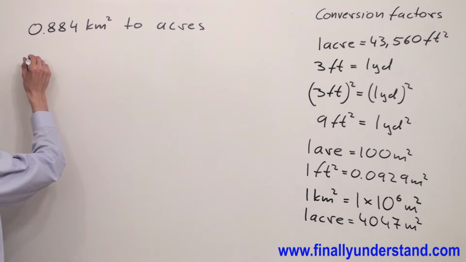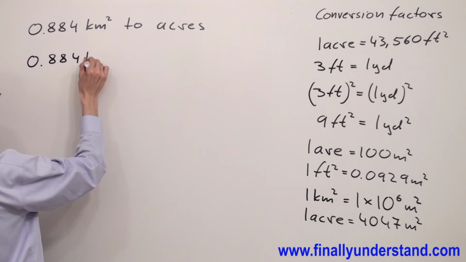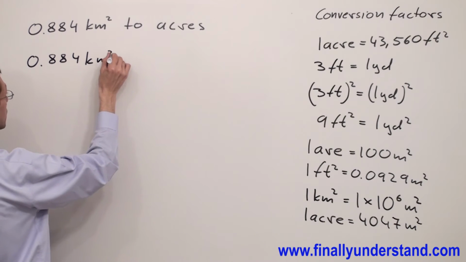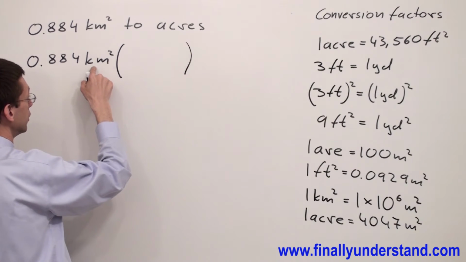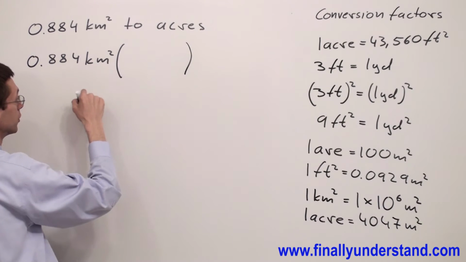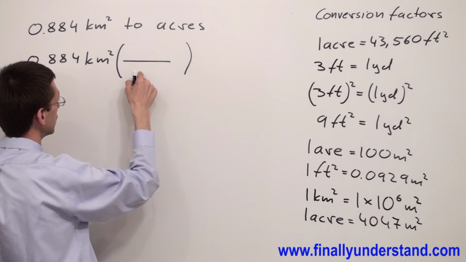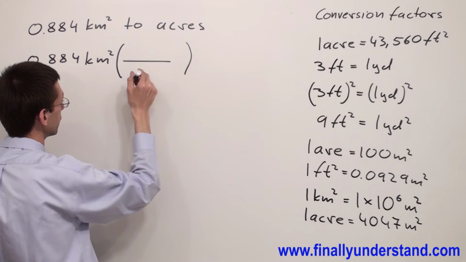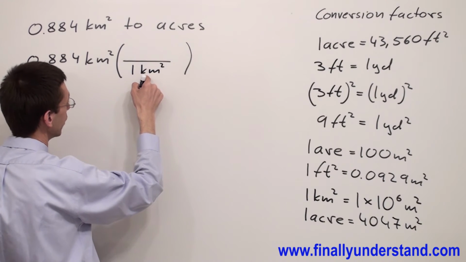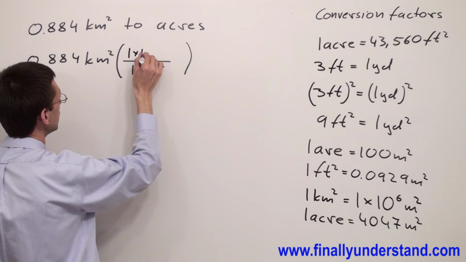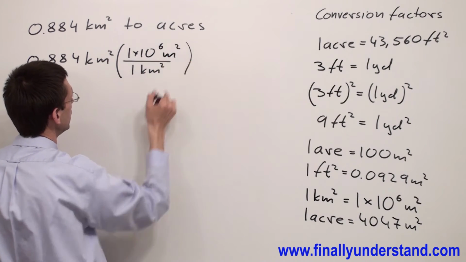I have 0.884 square kilometers. I have to eliminate square kilometers, so I have to make sure that I have square kilometer in the denominator. 1 square kilometer is equal to 1 times 10 to the 6 square meters.